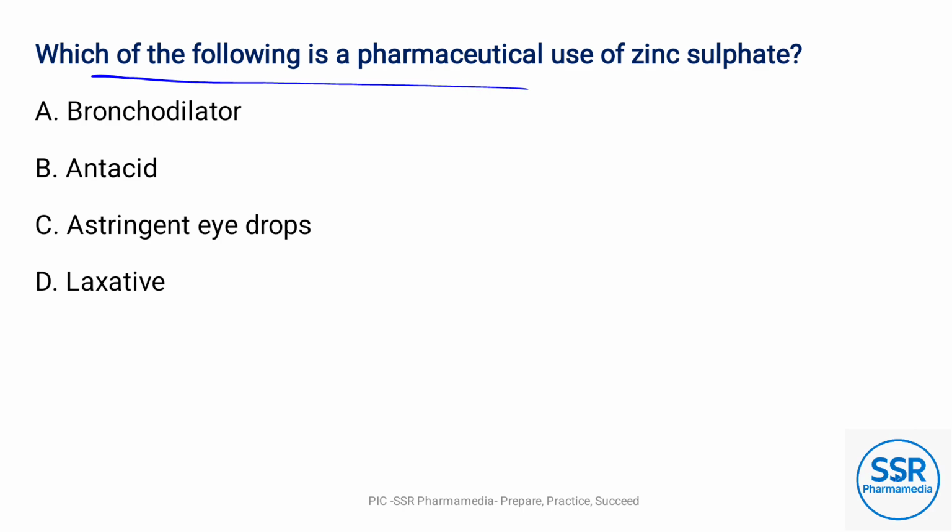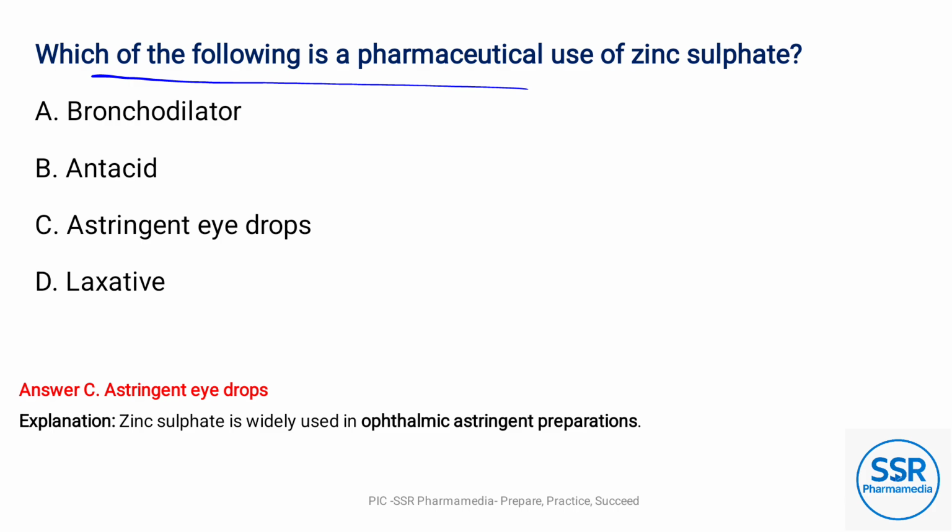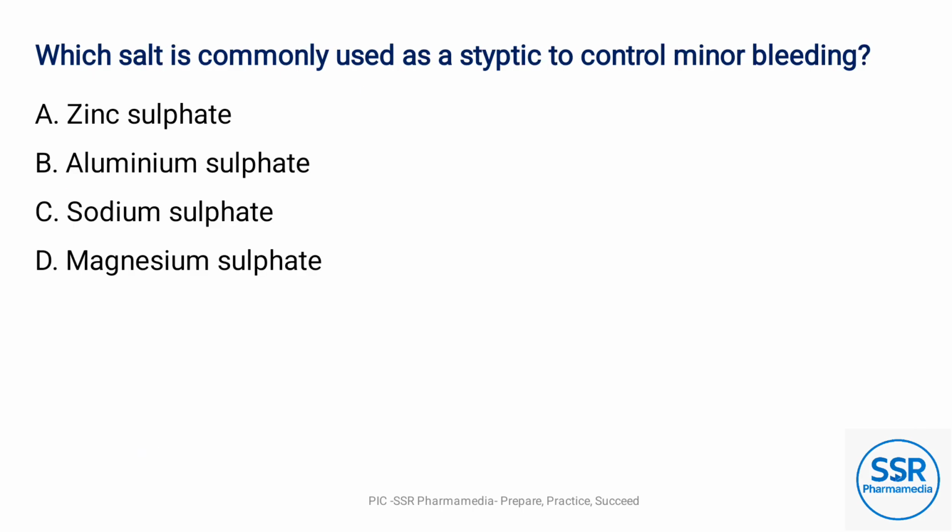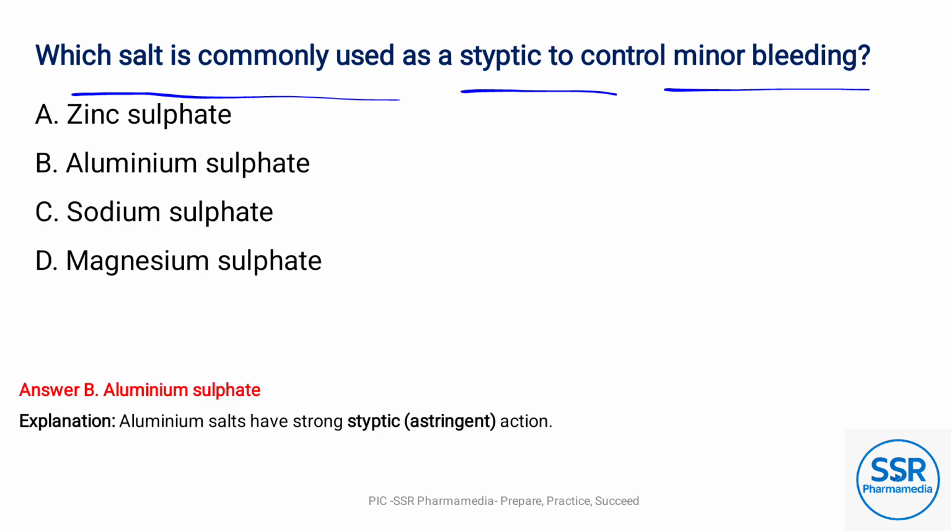Which of the following is a pharmaceutical use of zinc sulfate? Option C, astringent eye drops. Zinc sulfate is widely used in ophthalmic astringent preparations. Which salt is commonly used as a styptic to control minor bleeding? Option B, aluminum sulfate. Aluminum salts have strong styptic, that means astringent, action.